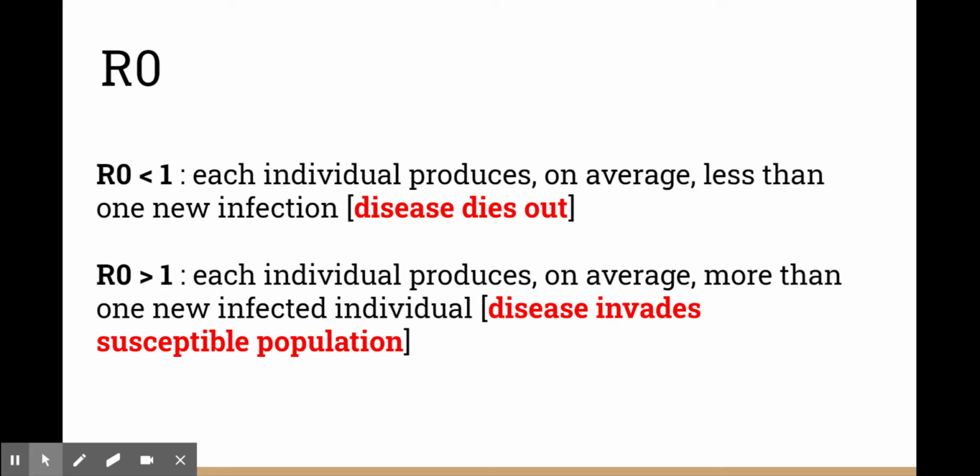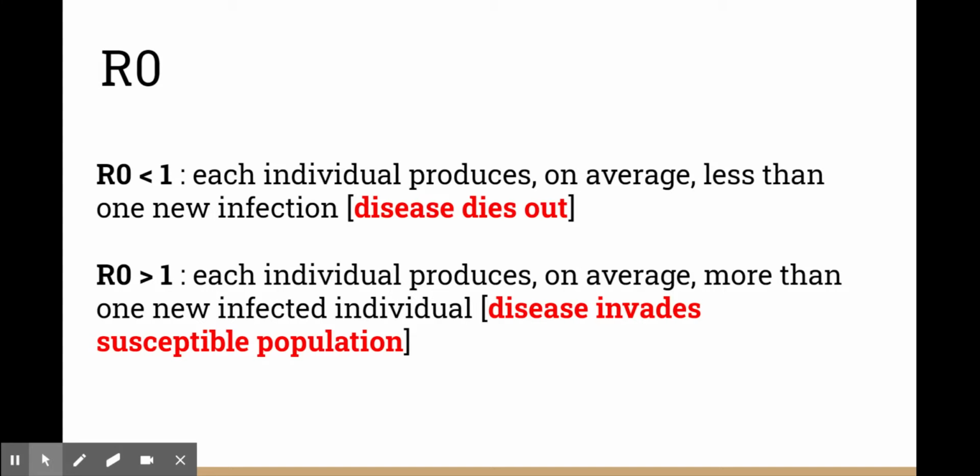So if everyone is a susceptible host, if everyone can theoretically get the disease, for example, with COVID-19, you have a completely susceptible population. And that is even more apparent when you have a new infectious disease without any vaccine or prior human exposure.